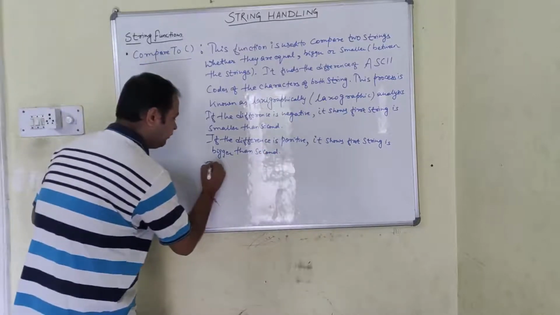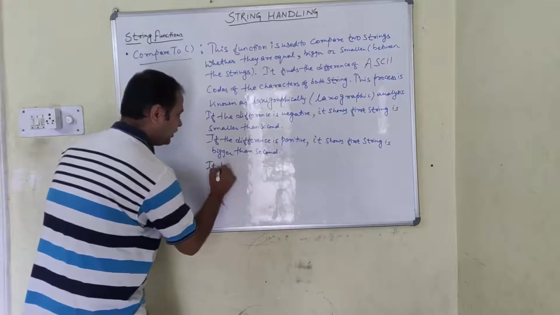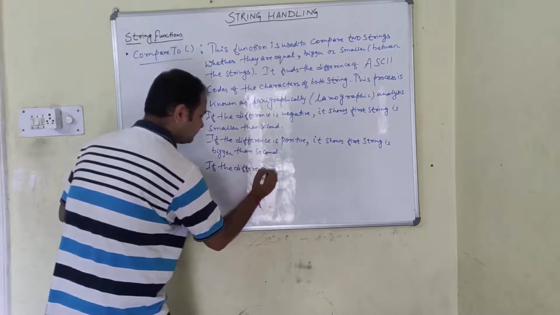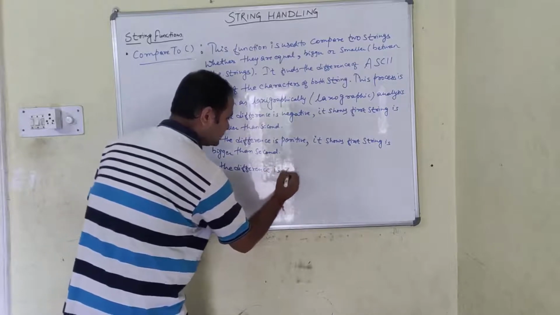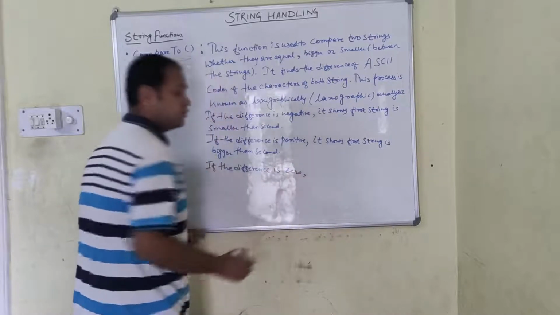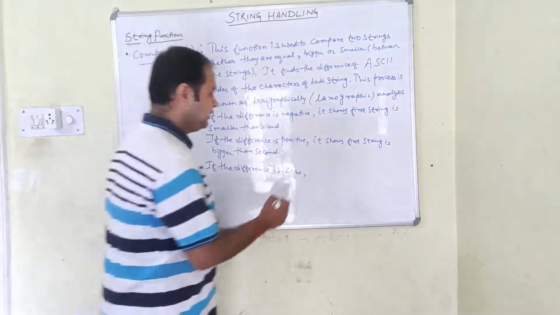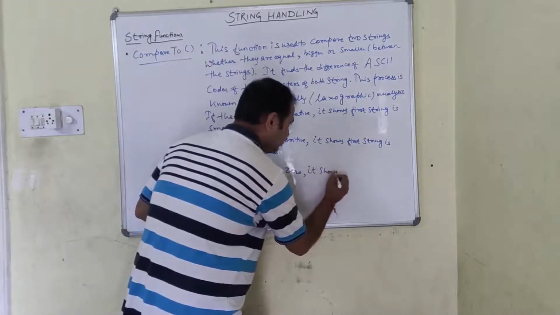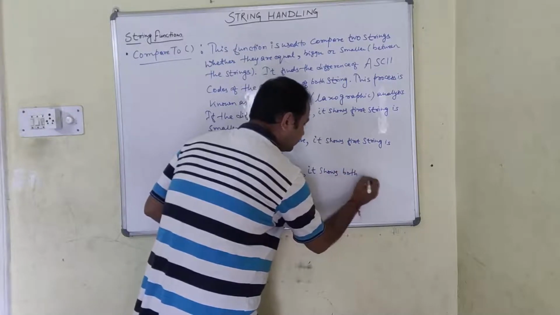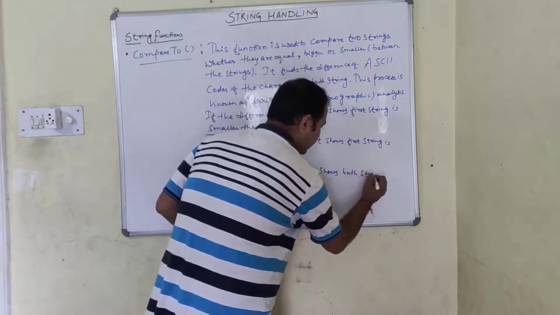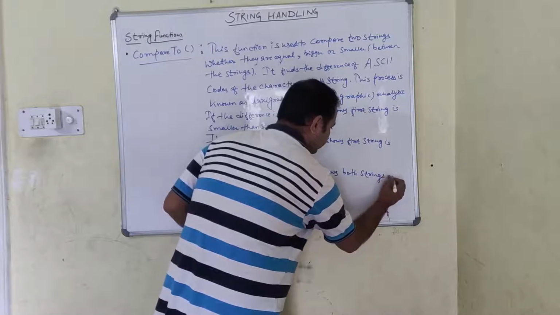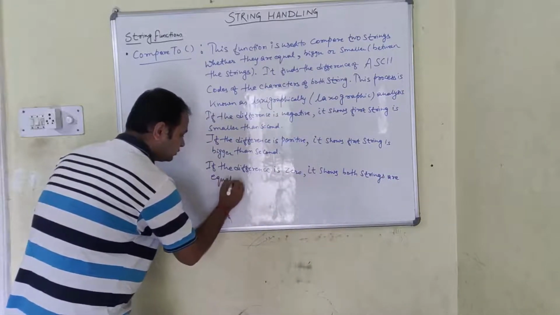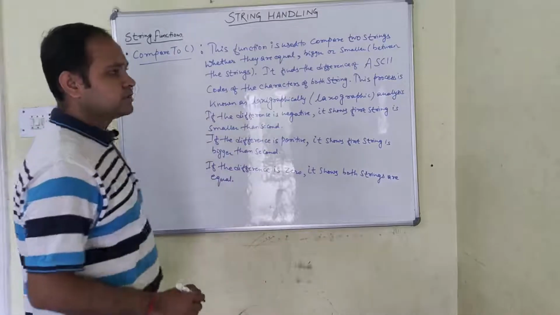And if the difference is 0, if we get 0 as the difference, then it shows both strings are equal.